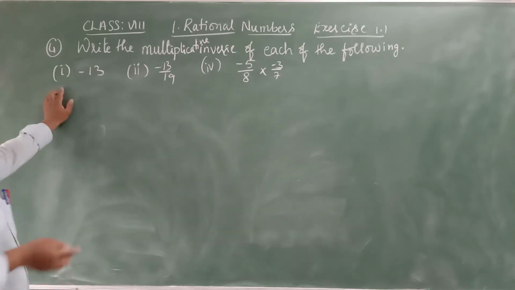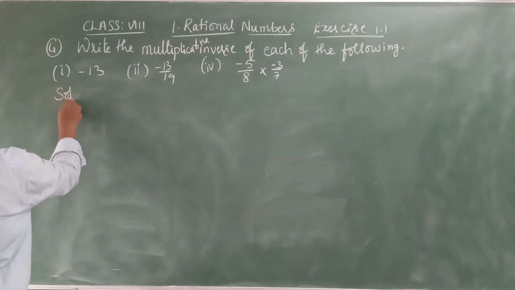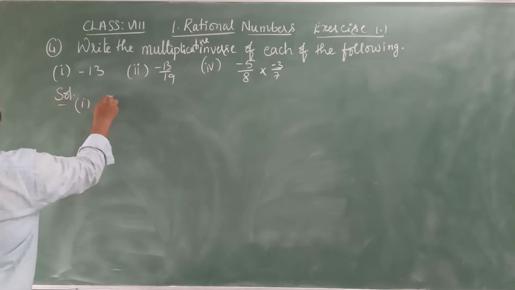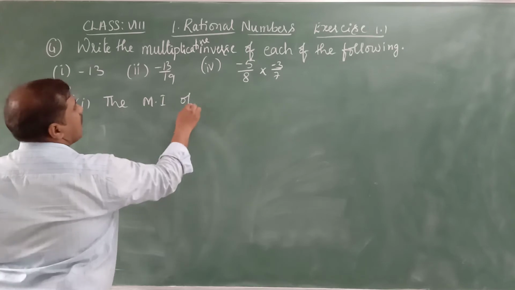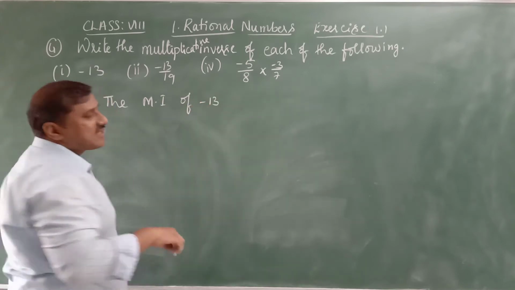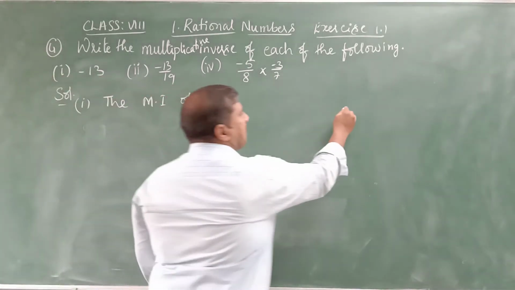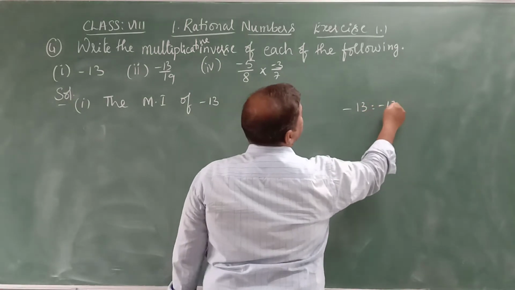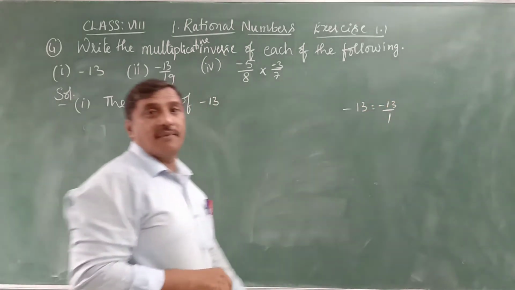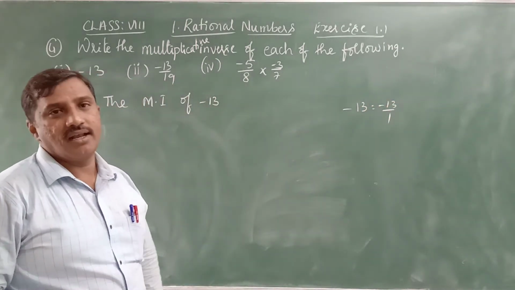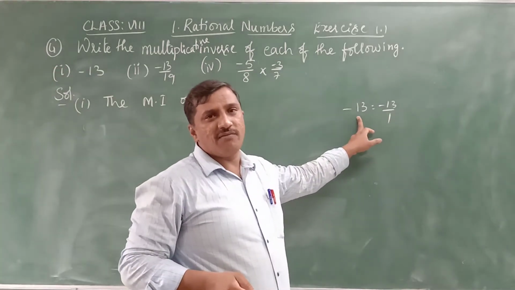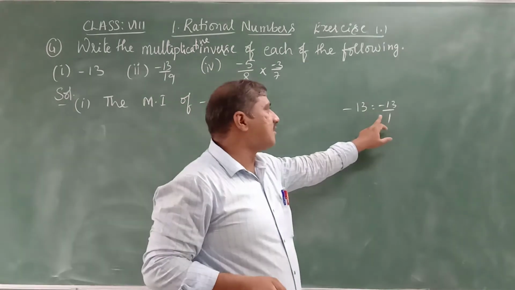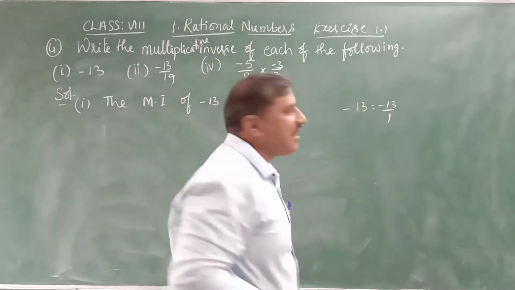Yes, here the first bit: minus 13. So the multiplicative inverse of minus 13. Minus 13 means what does it mean? Minus 13 is equal to minus 13 by 1. In p by q form it is an integer. Integers can be written in the form of p by q, so minus 13 is minus 13 by 1.